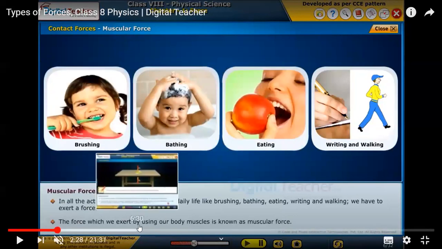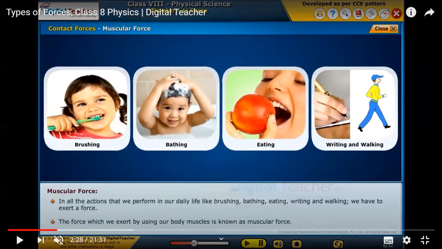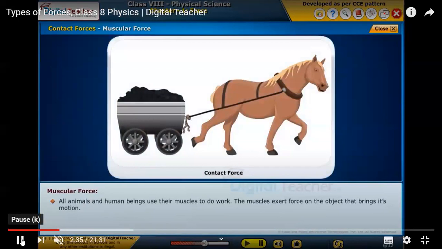The force which we exert by using our body muscles is called a muscular force.